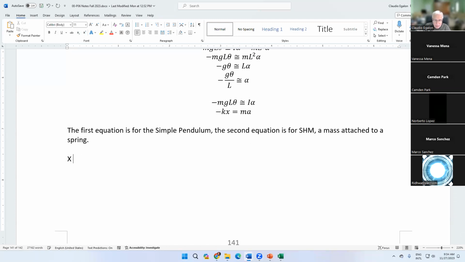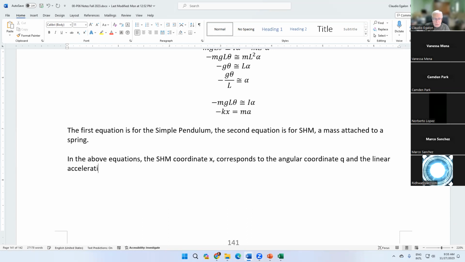Comparing the coordinate x in the above equations, the SHM coordinate x corresponds to the angular coordinate theta, and the linear acceleration a corresponds to the angular acceleration alpha.